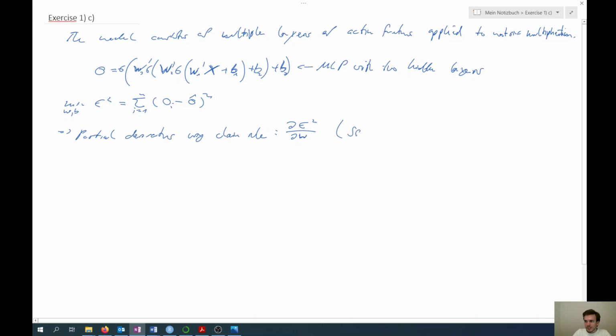There you can see the notation of that, how it's done in the lecture. The professor already explained that. And if we have these partial derivatives, then we can apply the gradient descent algorithm and update the weights.